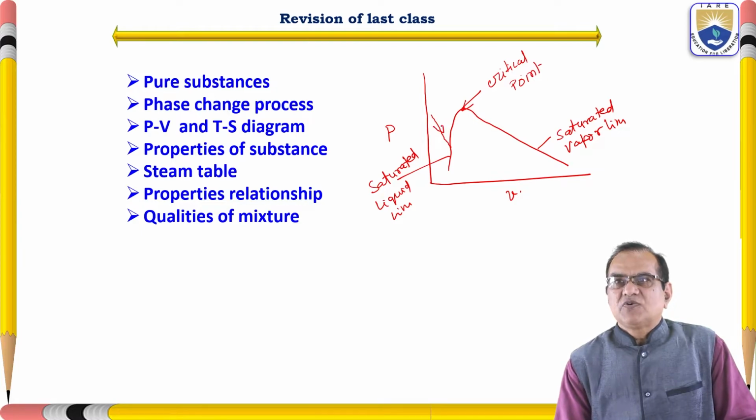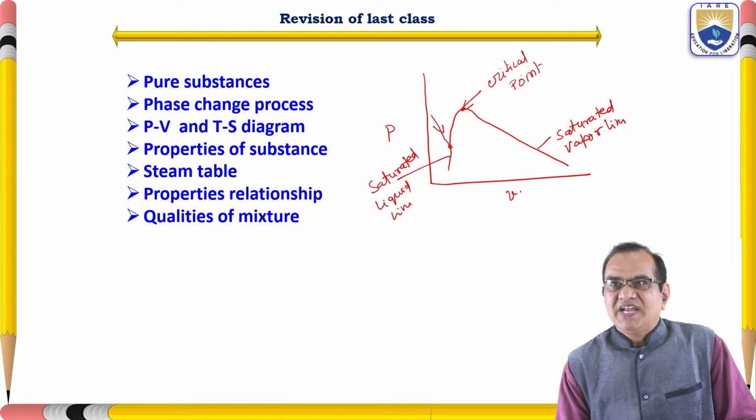If any process goes like this, as and when it comes to the saturated liquid line, the phase will change, and inside this zone is the mixture of liquid and vapor. Here it is a total vapor. Here the quality x is equal to 1, and here the quality is equal to 0. So if quality is equal to 0, it is a liquid, and if quality is equal to 1, all the liquid has converted to steam.